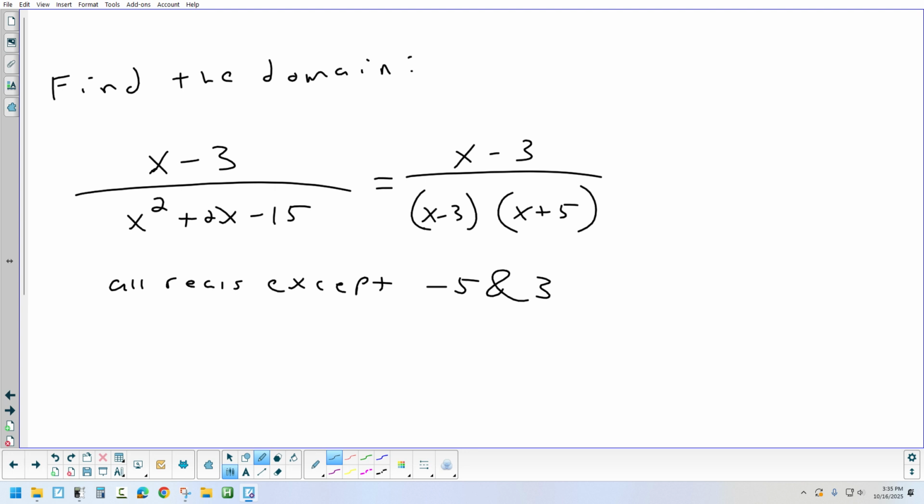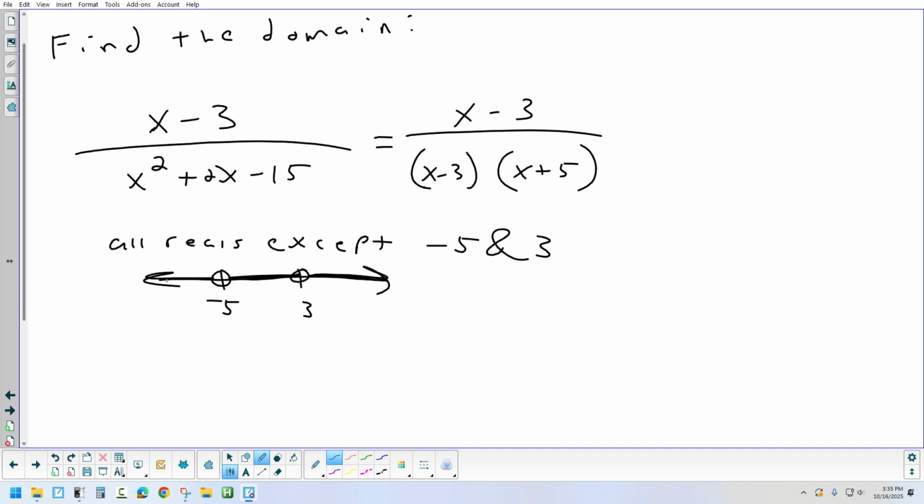All right, so now I want to write this in set notation. Remember, when you write it in set notation, you want to think of it in different pieces. How many pieces, or how many intervals, is it going to take? Yeah, 3. Can you describe the first piece for me? Negative infinity, negative 5. Perfect.